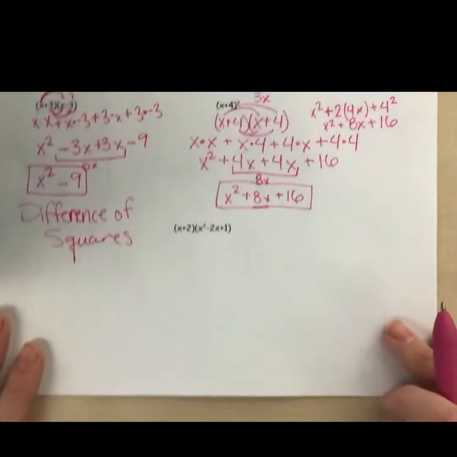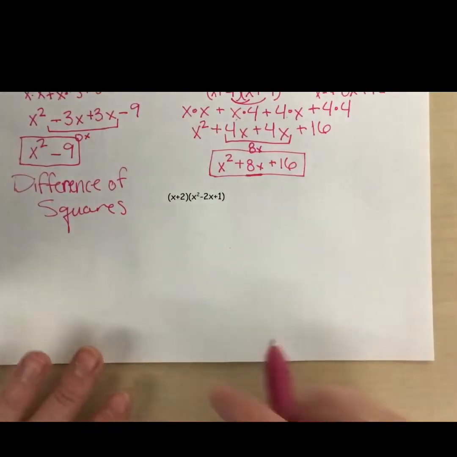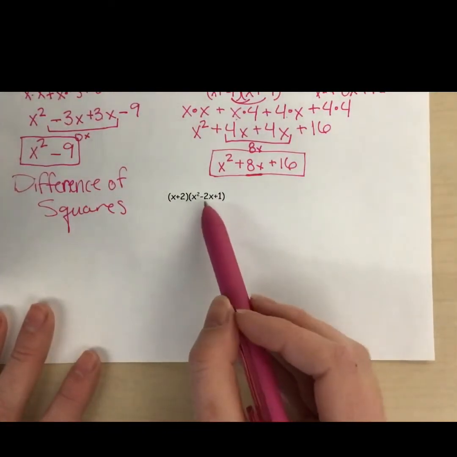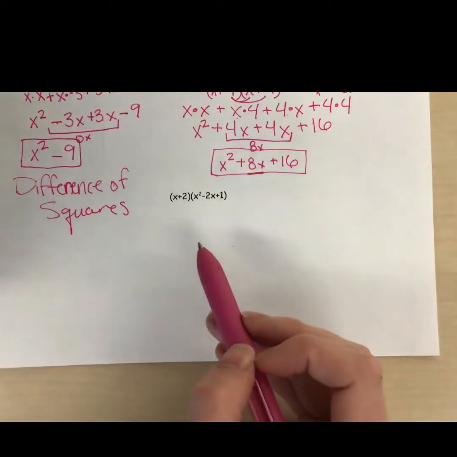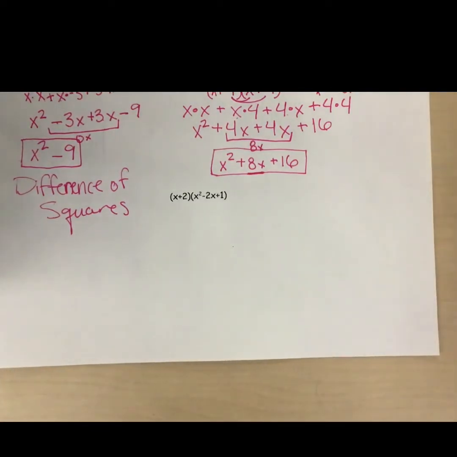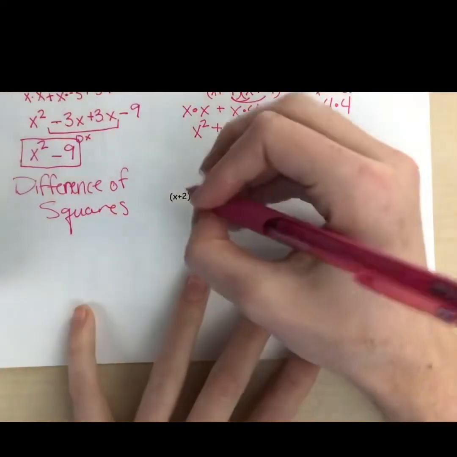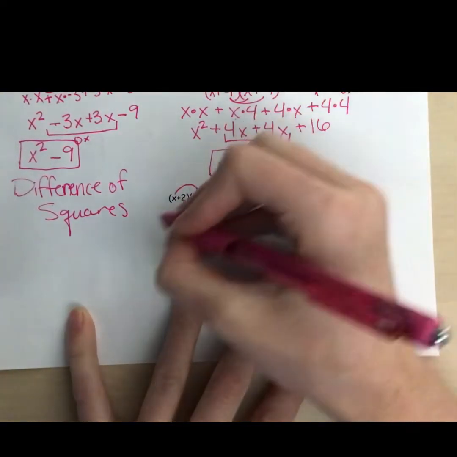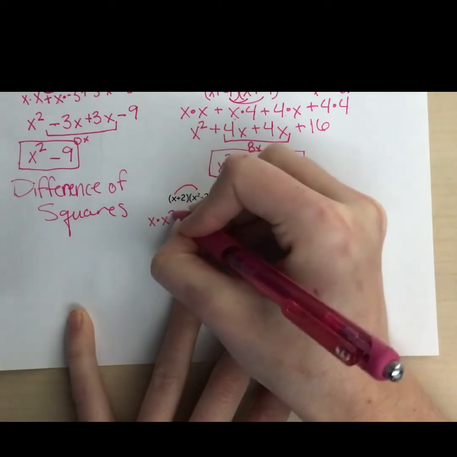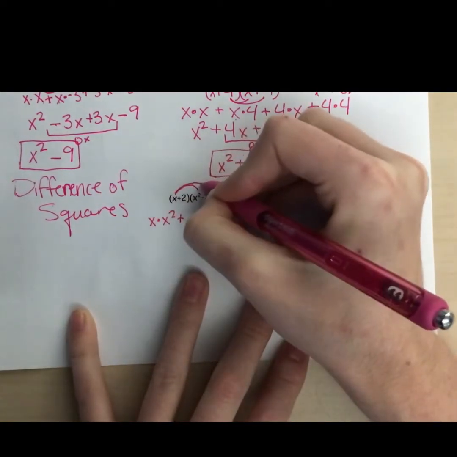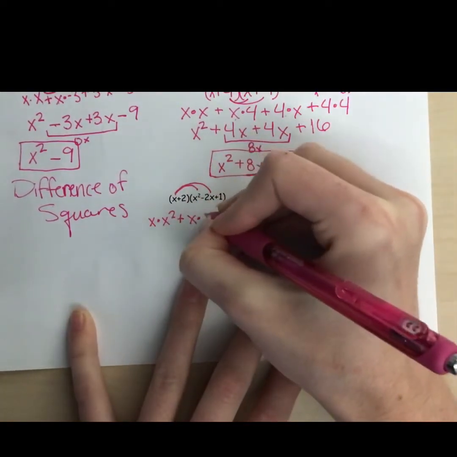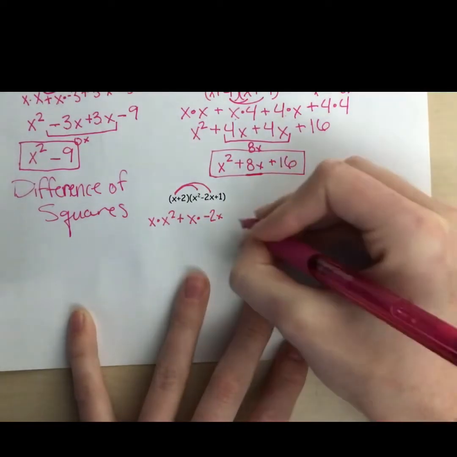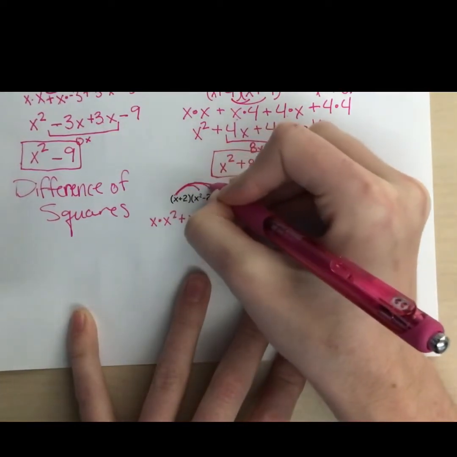One last example. What happens if I have more variables in one of my expressions? Well, we still just multiply it just like we have been. I take x and I multiply it by everything on the other side. So x times x squared plus x times negative 2x plus x times 1.